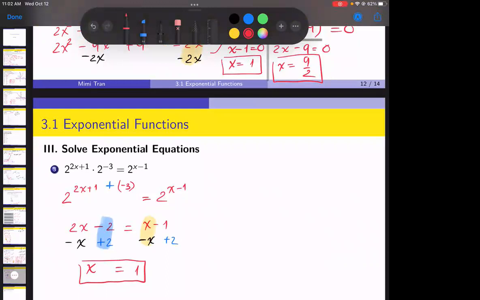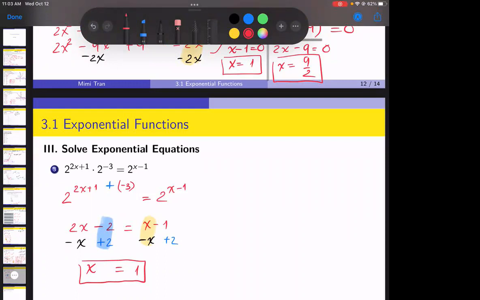Oh, that's what you're asking? Where did the 2 go? So I move this red 2 to the right, so I add 2. Negative 1 plus 2 is 1. I need this x to be gone, so I subtract x from both sides.